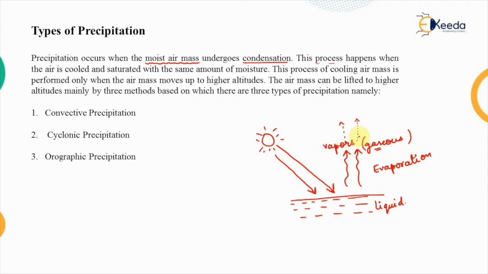They continuously increase in height, and when sufficient vapors are collected, they combine to form clouds. Before the cloud forms, let's understand that these vapors form a balloon, a packet or a blanket of air mass in which the vapors are concentrated.